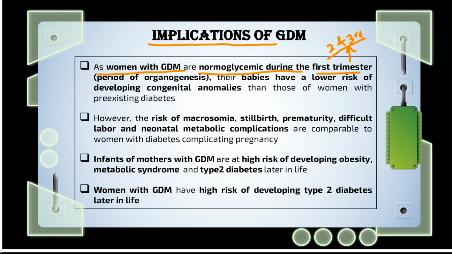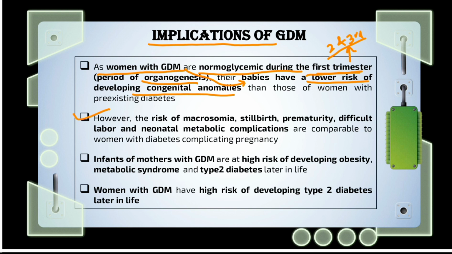As the first trimester is the period of organogenesis, the babies of gestational diabetes mellitus mothers have a lower risk of congenital anomalies, as they have already crossed the period of organogenesis.